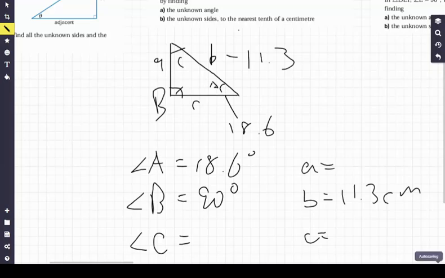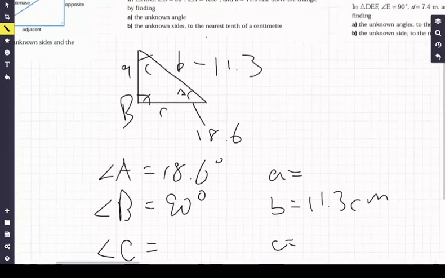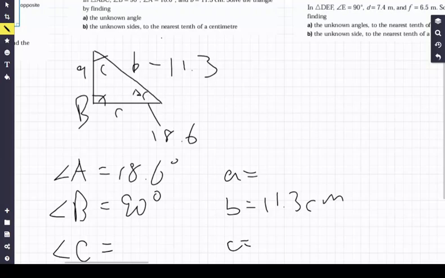So now, to find the side A, let's see what we have. Okay, so we will use the sine ratio, because we have the opposite. So sine of 18.6 degrees is equal to our side A, which is opposite, over the hypotenuse, which is side B, so that's 11.3. Right?